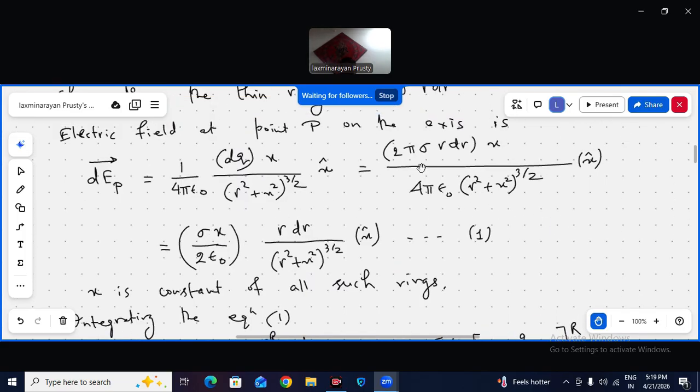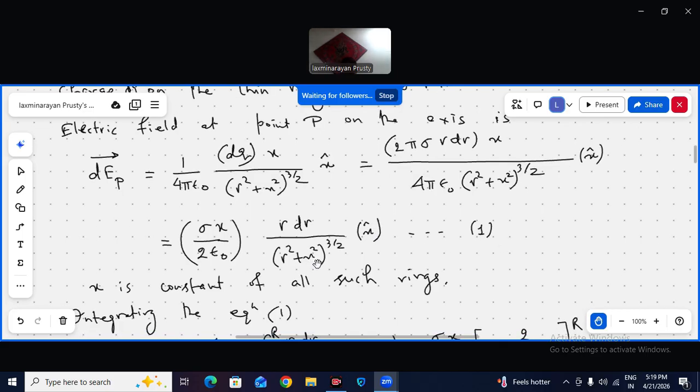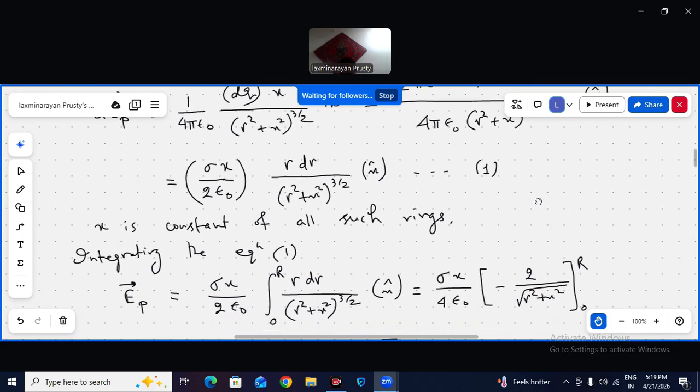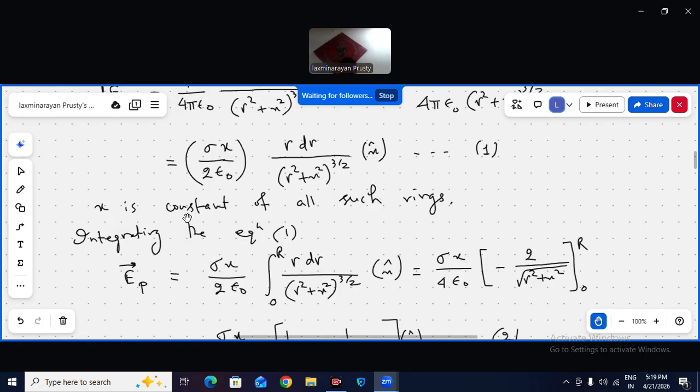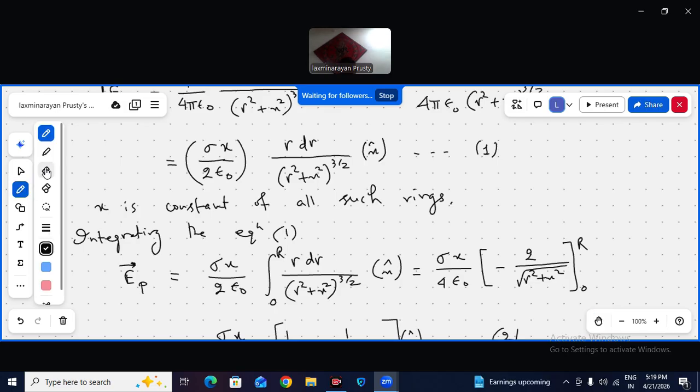So sigma into 2 pi, 4 pi cancels, so 2 epsilon 0 in the denominator: sigma x by 2 epsilon 0, r dr by r square plus x square to the power 3 by 2, x cap. Remember, x is treated as constant for all such rings.